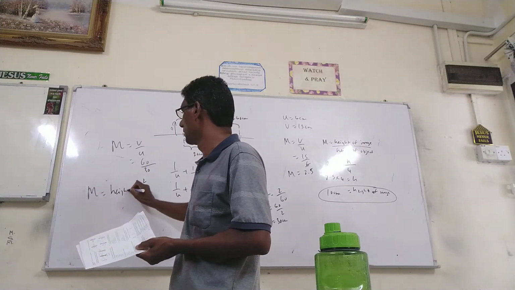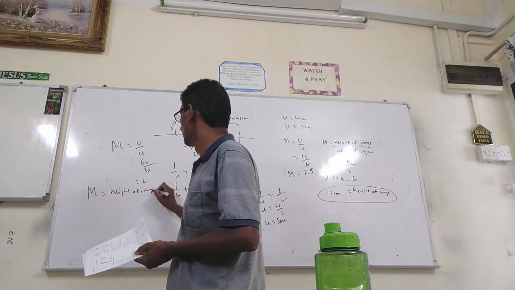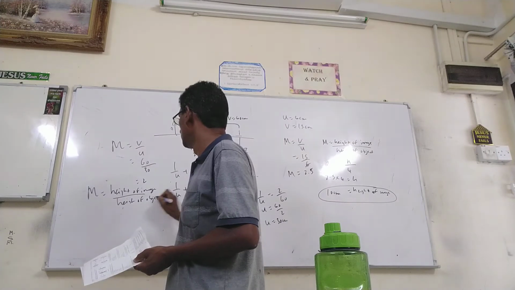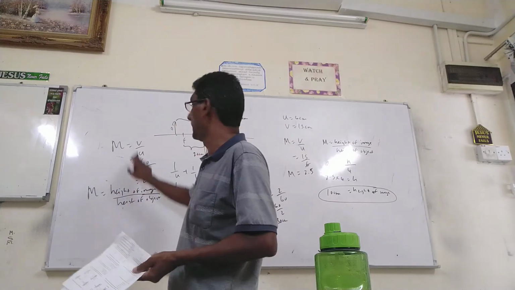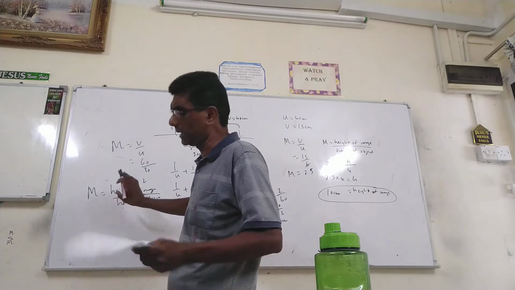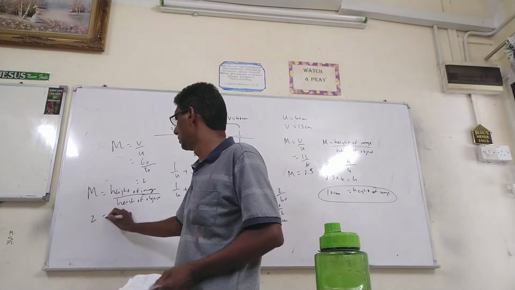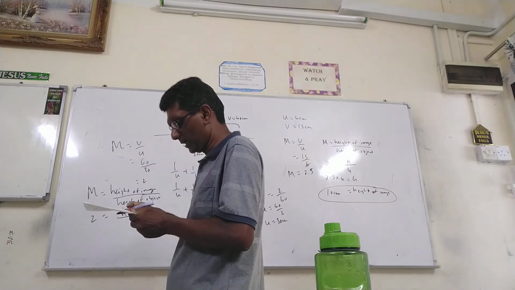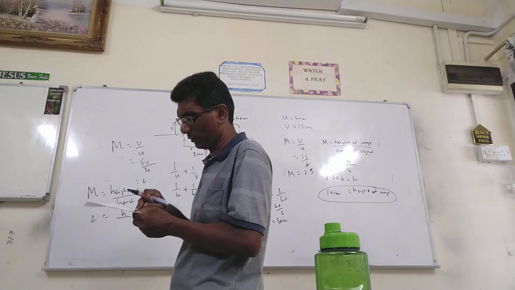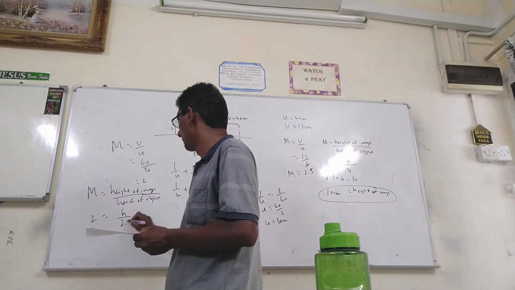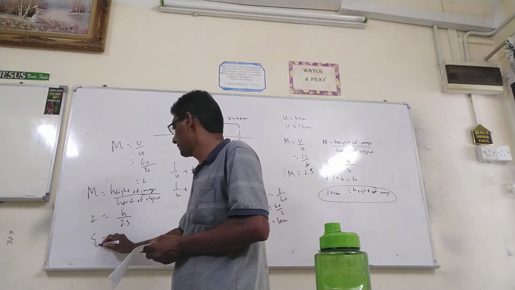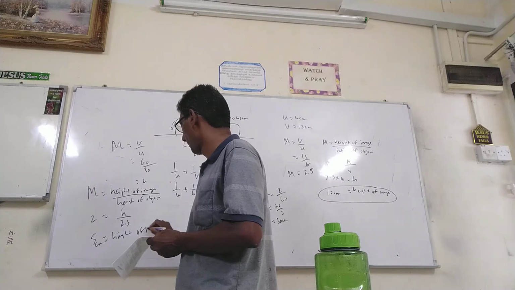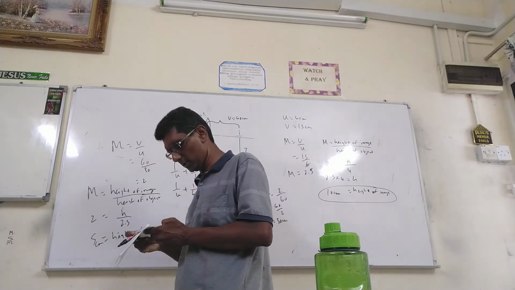The magnification was 2, and the height of the object, the candle, is 2.5 cm. So the height of the image is 5 cm.